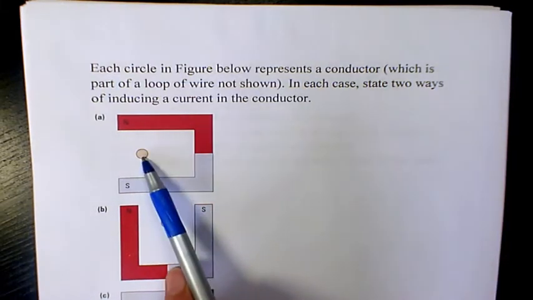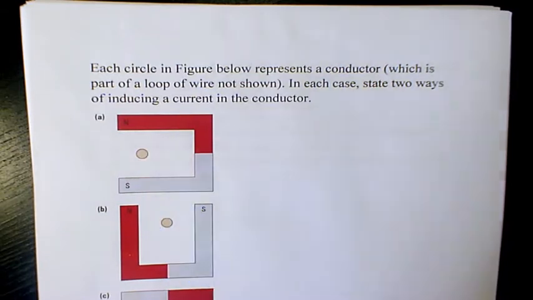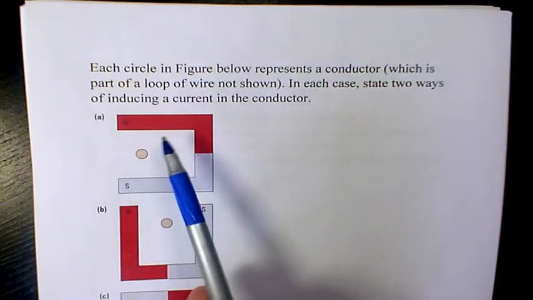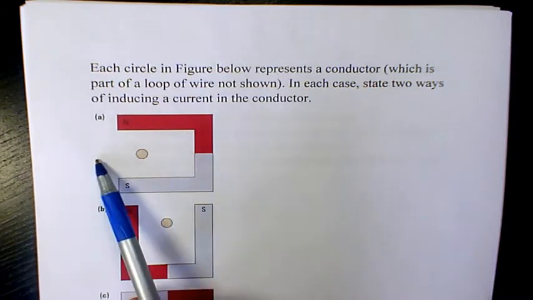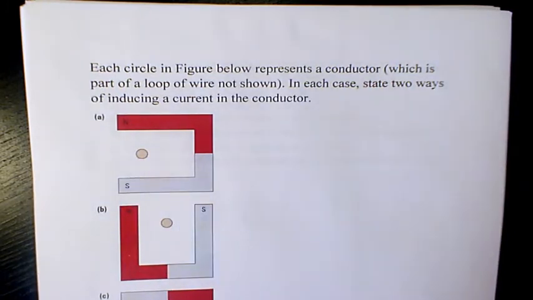So, inducing a current in the conductor means that we need to somehow change the magnetic field in order to have an induced current in the conductor. So, we need to move the conductor somehow so that it experiences a change in magnetic field. How does that happen?